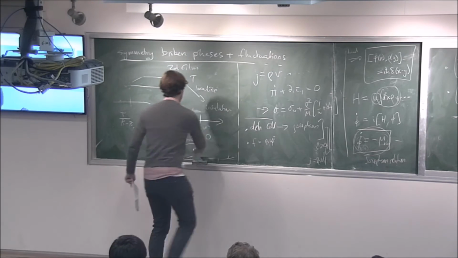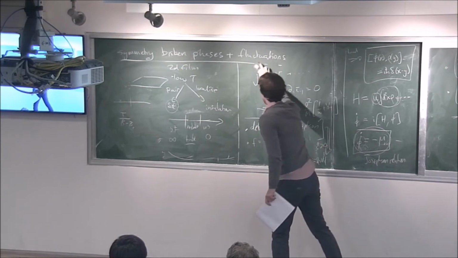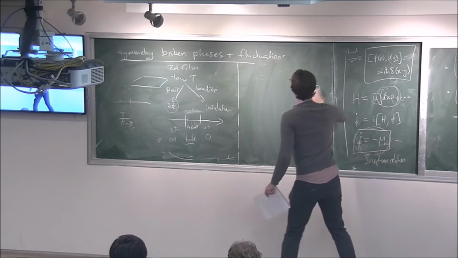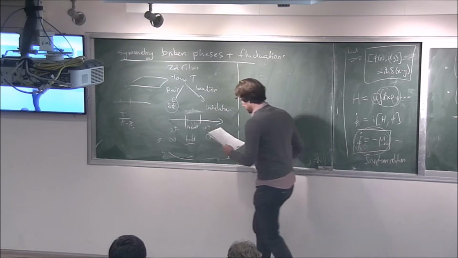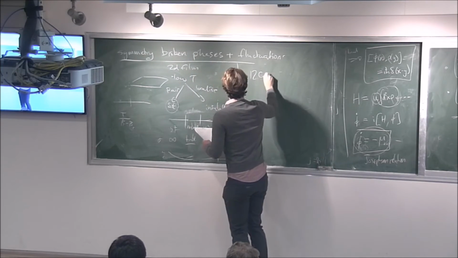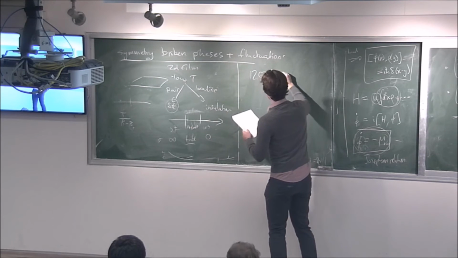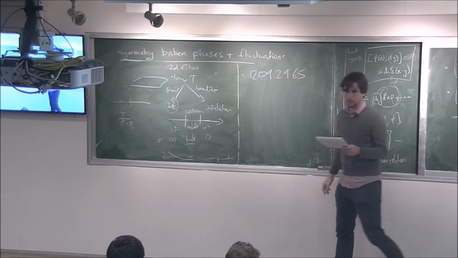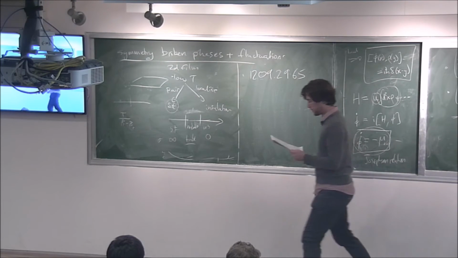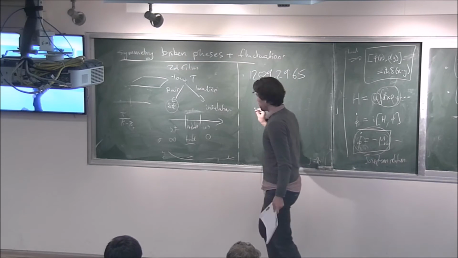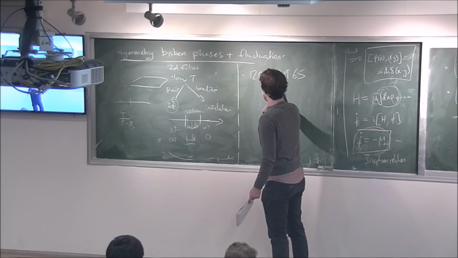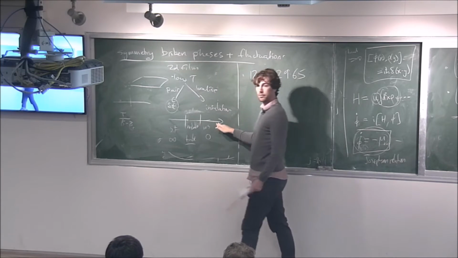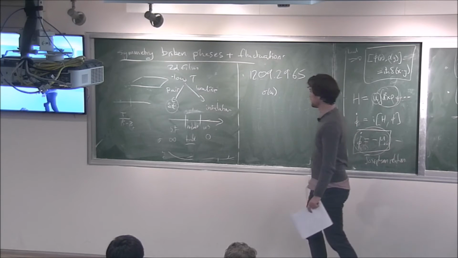The starting point of this paper that we wrote was inspired by this measurement. The experimental paper is by the group of Armitage at Johns Hopkins. He measured the optical conductivity, sigma of omega, across this phase diagram.